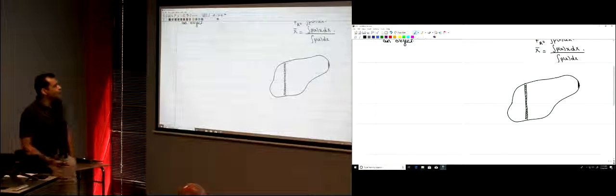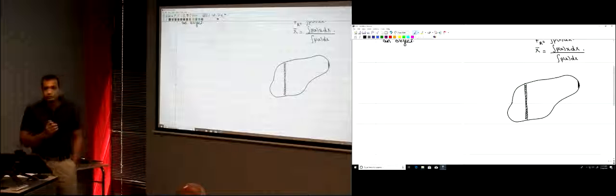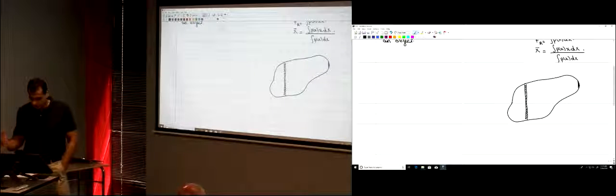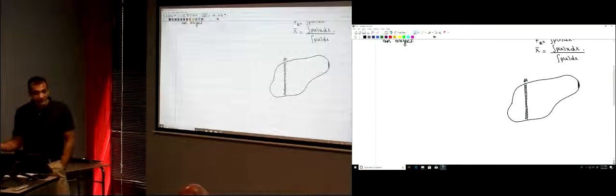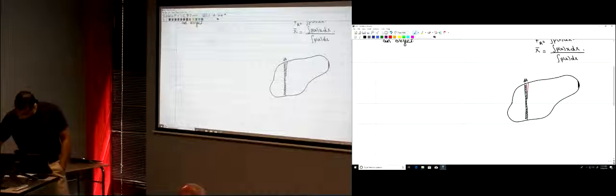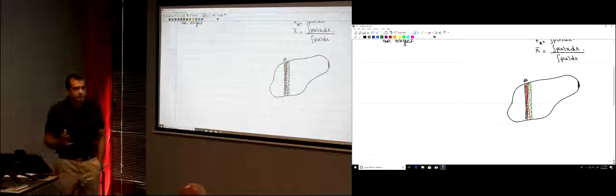So to find the weight of this object, I'm just going to divide it into small parts, okay? Let's say each one has an area of dA, small segments. And we're just going to find the area of each of those segments, okay?